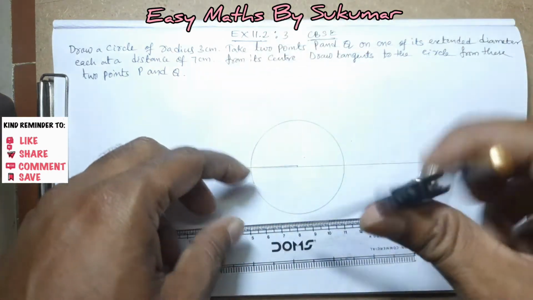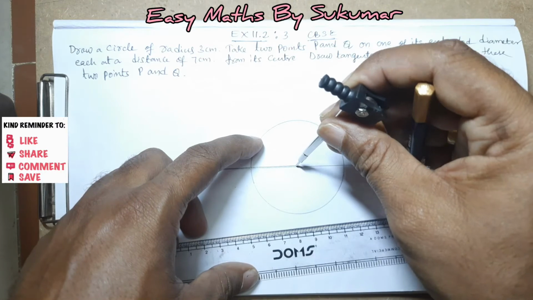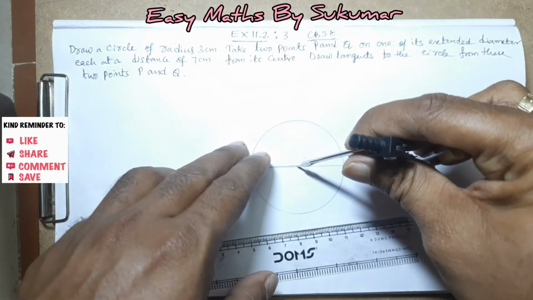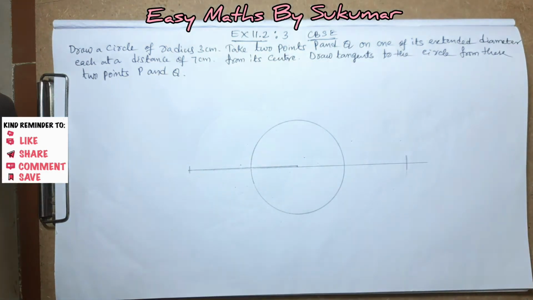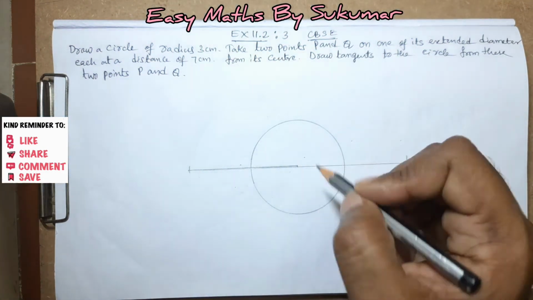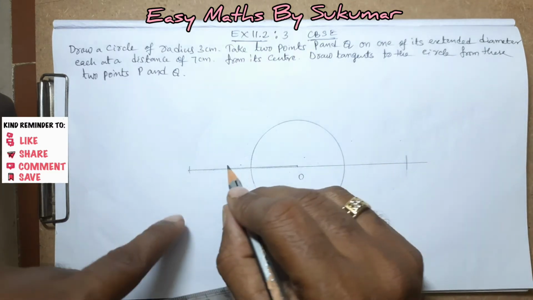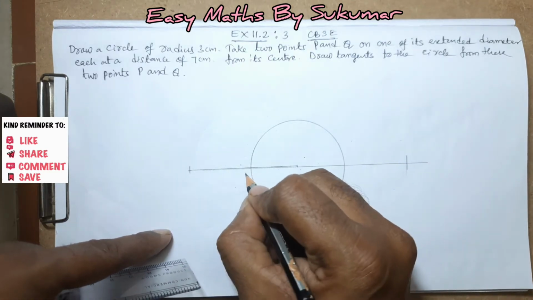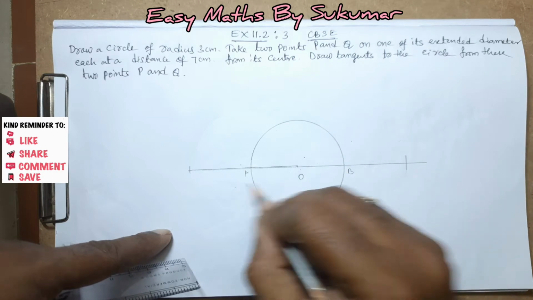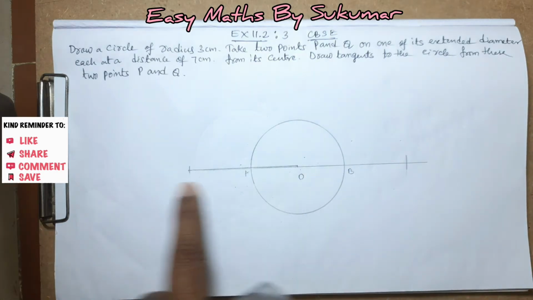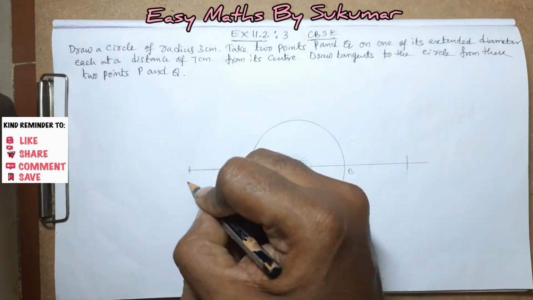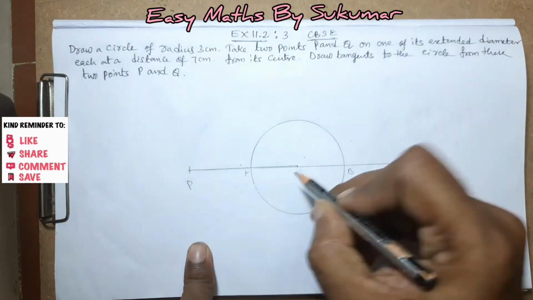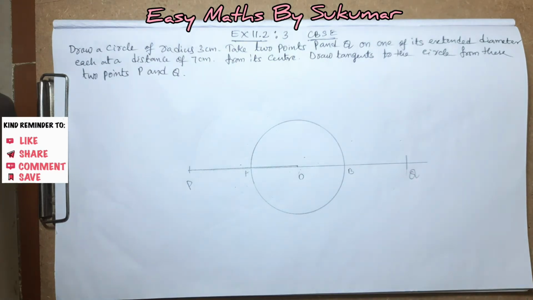From this center, just cut. Here also this is 7 centimeters. This is the center of the circle, and AB is the diameter of the circle. We produce either side of the diameter. This is P and this is Q. OP is 7 centimeters, OQ is also 7 centimeters.